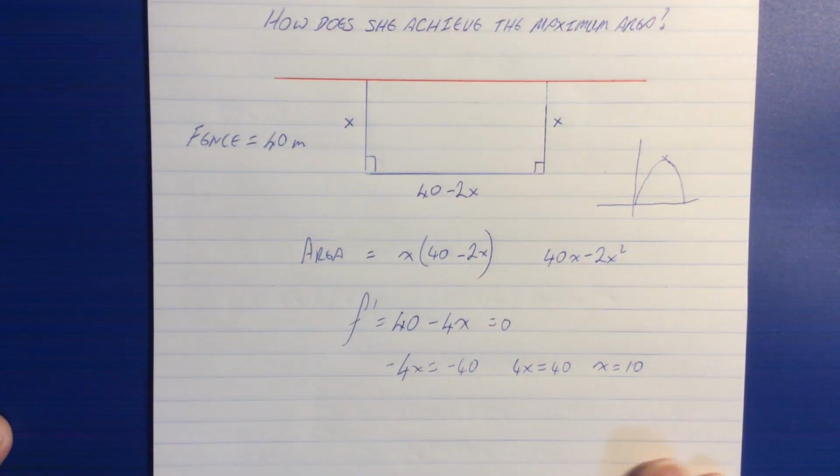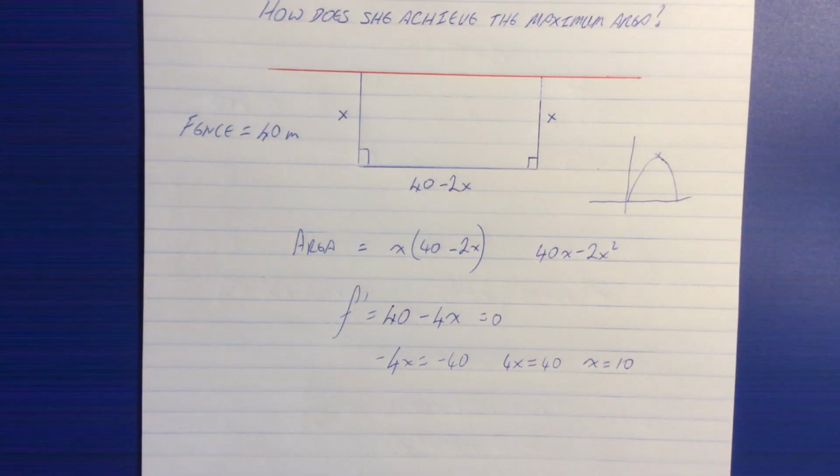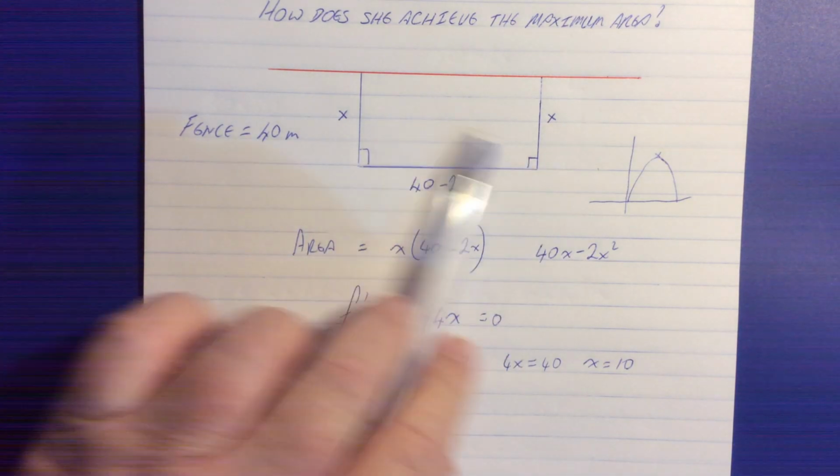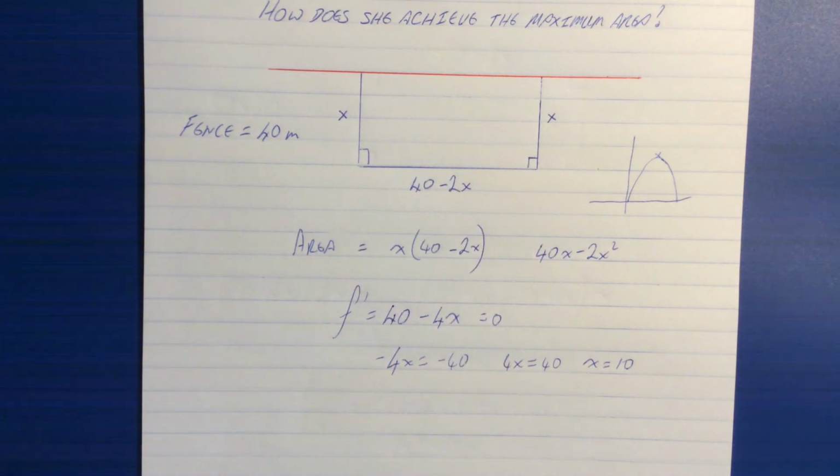Now, that's a slight surprise, given that I said earlier that the most efficient way in which to enclose space is to use a square. So why this? Well, it's to do with the fact that we're basically using 3 edges, not 4.